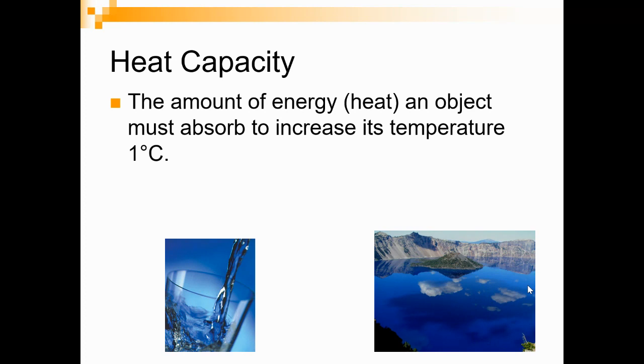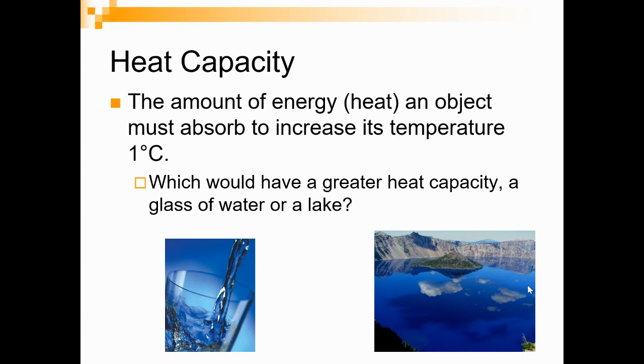If I wanted to increase the temperature of each of these samples of water by 1 degree Celsius, let's say they were 20 degrees Celsius and I wanted to raise their temperatures to 21 degrees Celsius, which one of these would take more heat to do that? Which one has a greater capacity to absorb heat and not change its temperature?